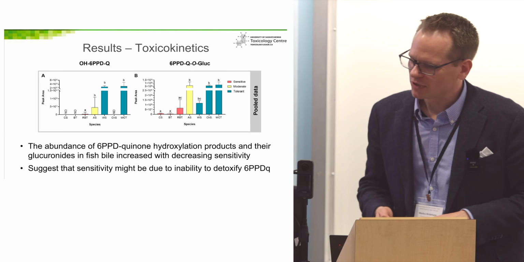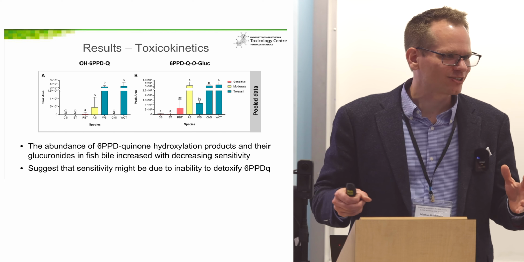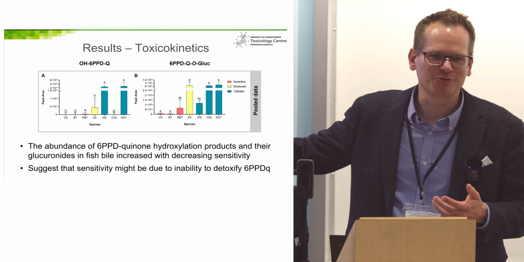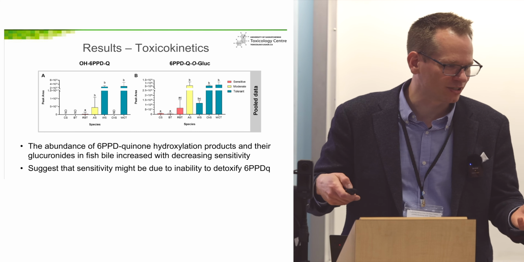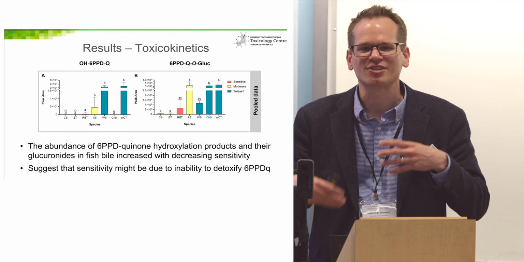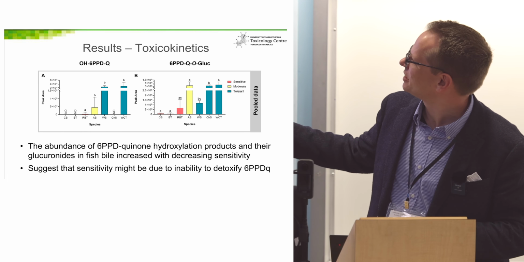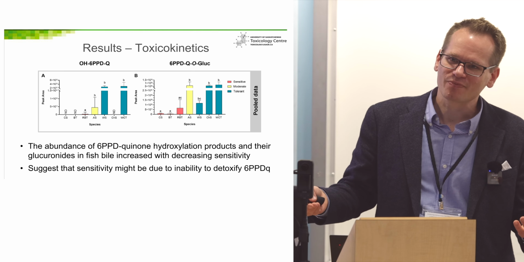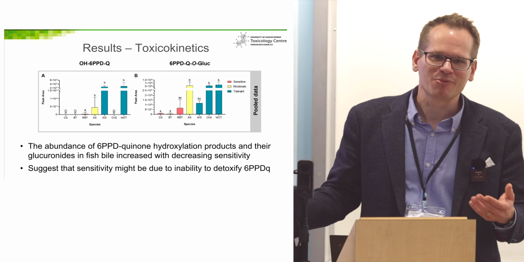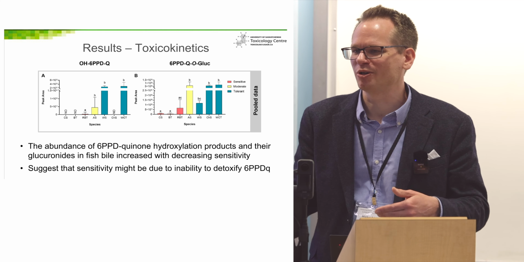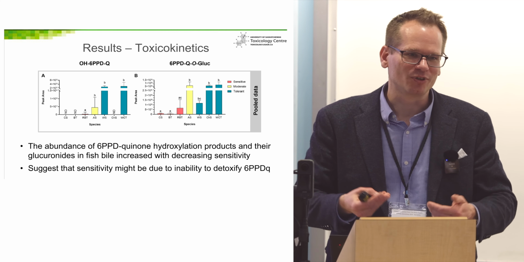And so I must send a little disclaimer with that. Obviously, those ones here, because they were so sensitive, were exposed to much lower concentrations compared to the ones on the right. But even if you detrend that, you will still see that difference in abundance here. So this suggests to us that toxicity or the absence of toxicity might actually be related to the ability of our fish to get rid of 6-PPD quinone from the body quicker, right?